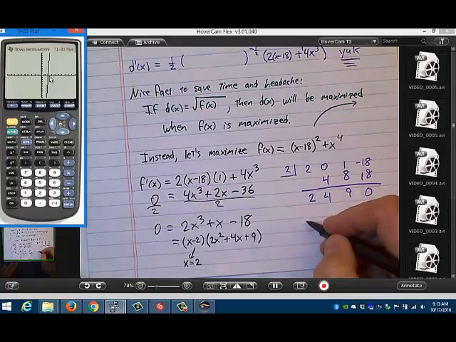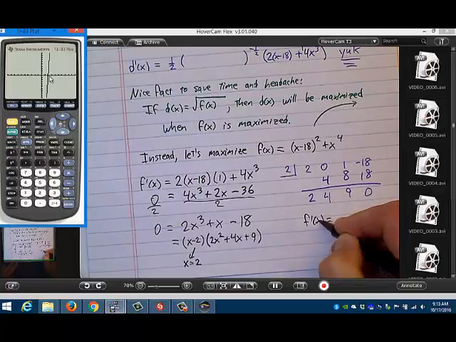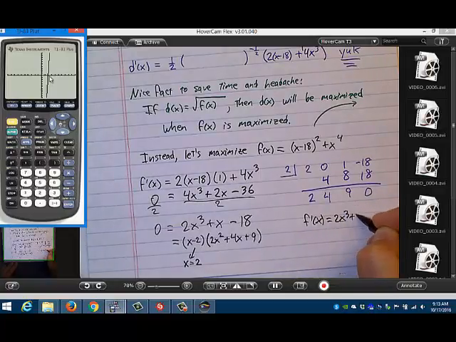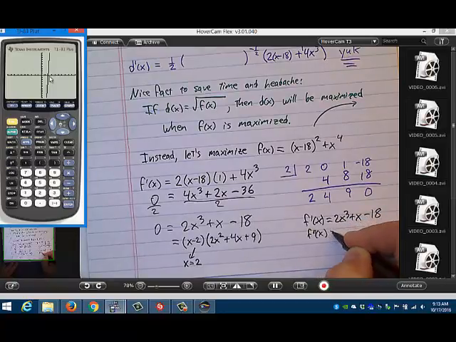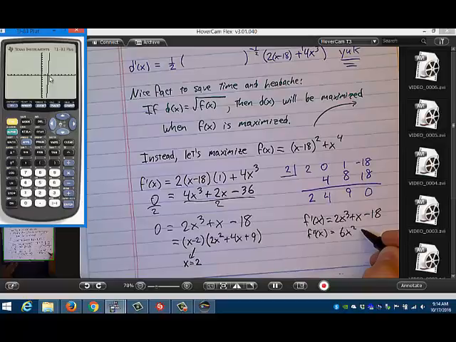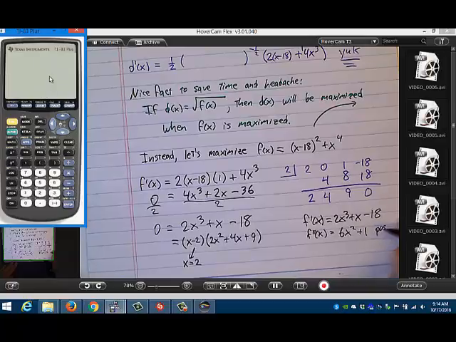All right. What is f prime of x? It's 2x cubed plus x minus 18. What is f double prime of x? It is 6x squared plus 1. Hey, 6x squared plus 1 is always positive because x squared, right, can't be negative.